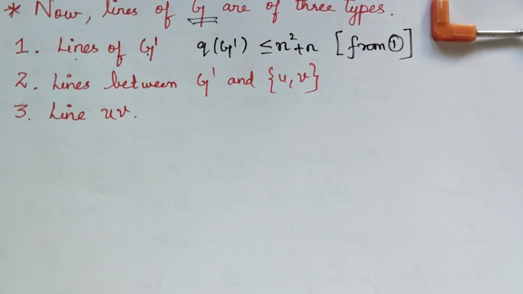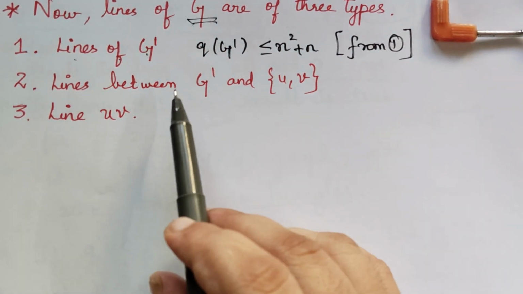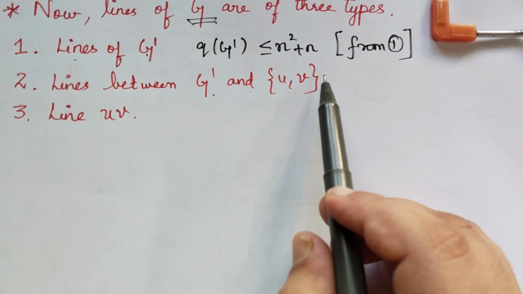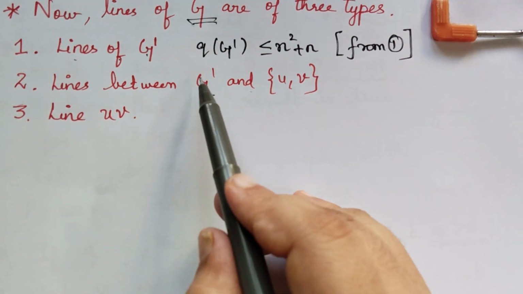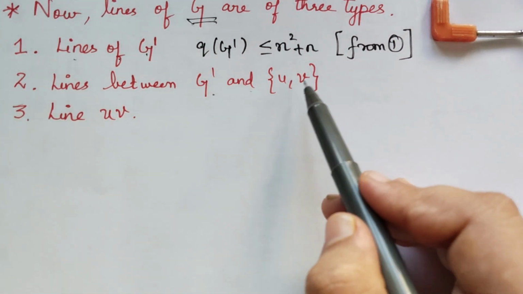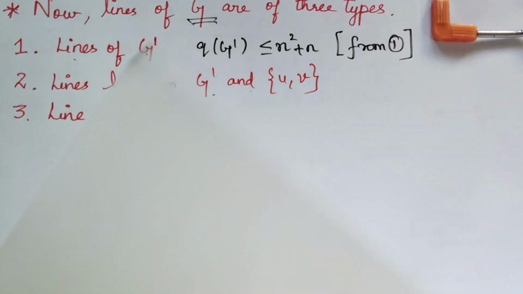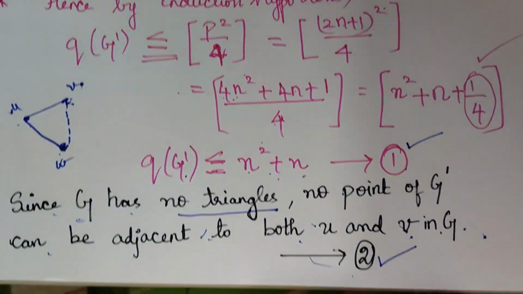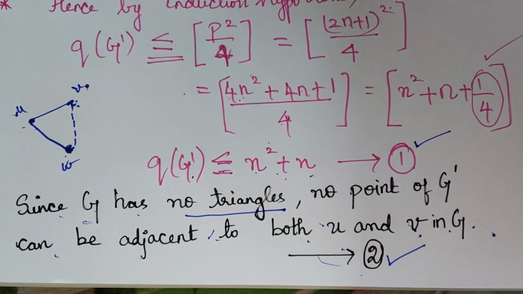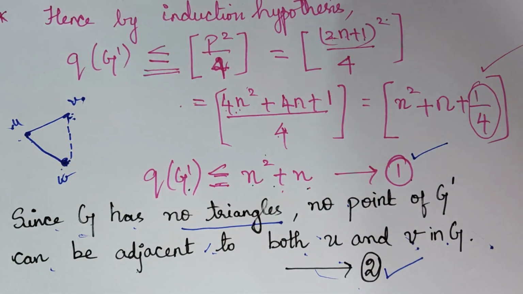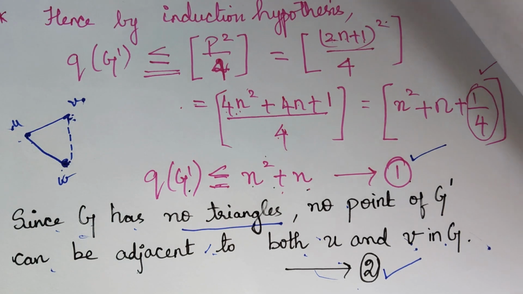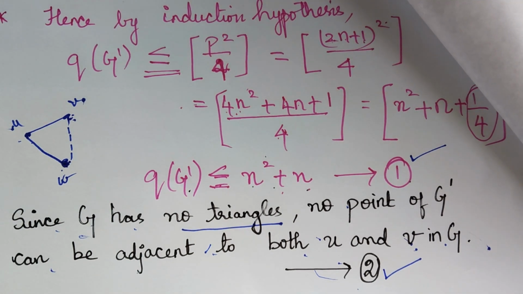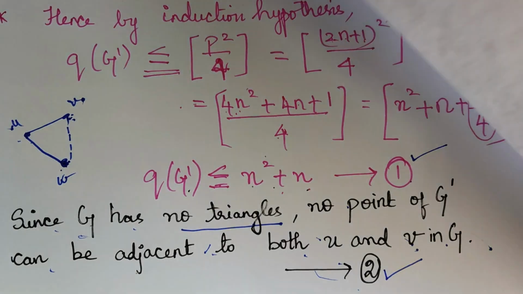The second type is lines between G dash and UV, that is, the lines between the subgraph G dash and the removed vertices U and V. That is what we obtained from 2. Since G has no triangles, no point of G dash can be adjacent to both U and V in G, which means that these lines are lesser than or equal to 2n plus 1, which we assumed previously.